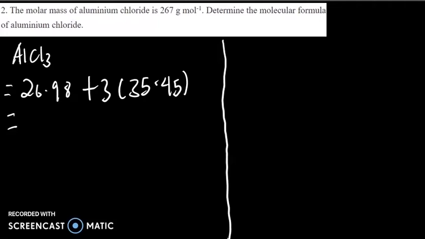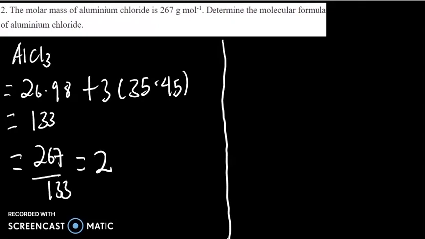On your calculator, this will be 133. The next step is dividing the molar mass of aluminum chloride by the empirical formula molar mass. So 267 divided by 133 gives us 2.